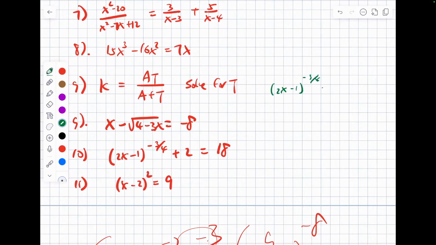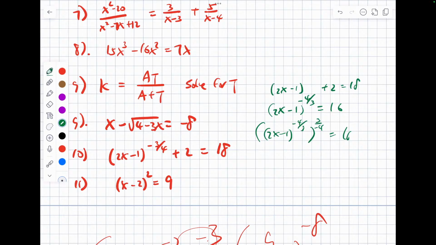So (2x minus 1) to the -3/4 equal to 18, right? Yeah. I think I wrote it wrong because it won't work the other way. So I should change this a little bit, and that's equal to 16. Then that way I can have 2x minus 1 to the -4/3, and raise to the 3/-4, and it's equal to 16 to the -3/4.